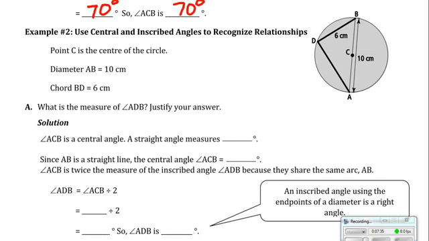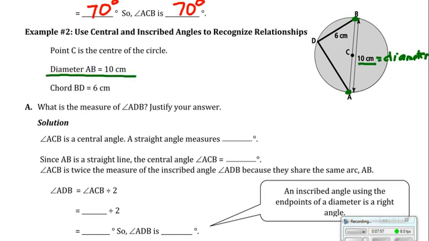Example 2. We're going to use central and inscribed angles to recognize relationships. Okay, so hopefully you notice that A to B is 10 centimeters, and this is the diameter of the circle. So the diameter is 10.